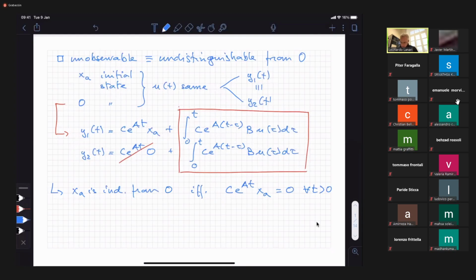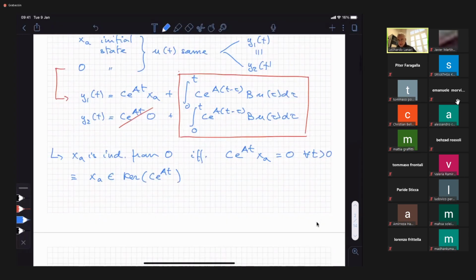Okay, so, well, this is equivalent to saying that XA belongs to the kernel of C e to the AT for every instant t greater than 0. So if I make two experiments, no forcing term, and I have two initial conditions, one is 0.